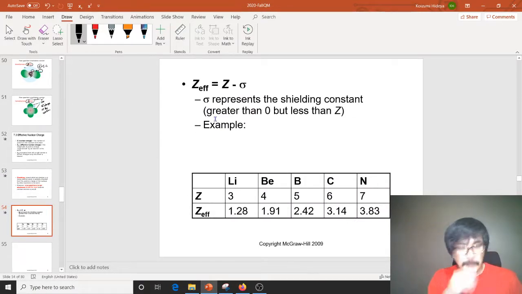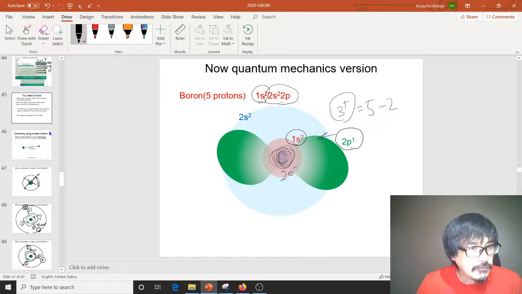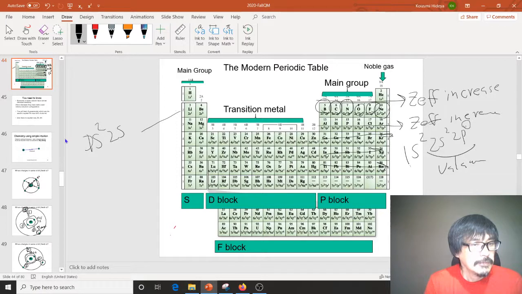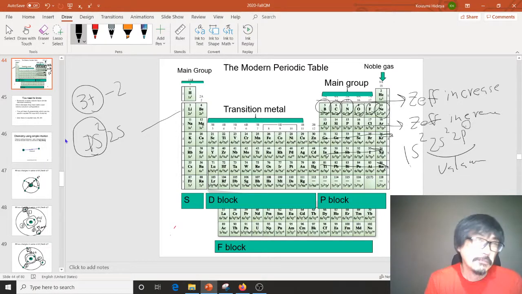And finally, when I say Z effective, for example, for lithium, it's 1s squared, 2s, right? And the center charge is 3 plus, and the number of core electrons is 2, so 3 plus minus 2.